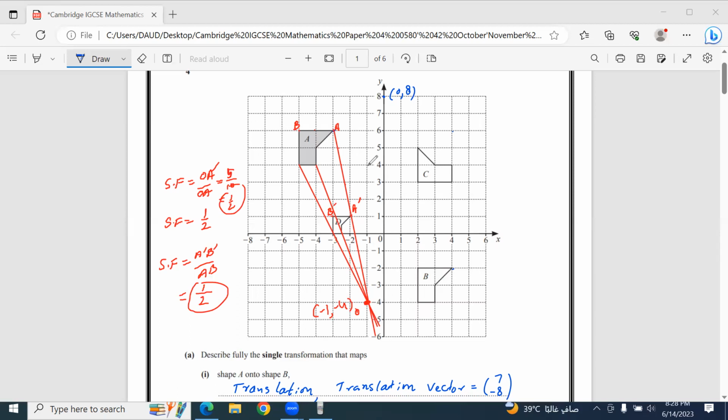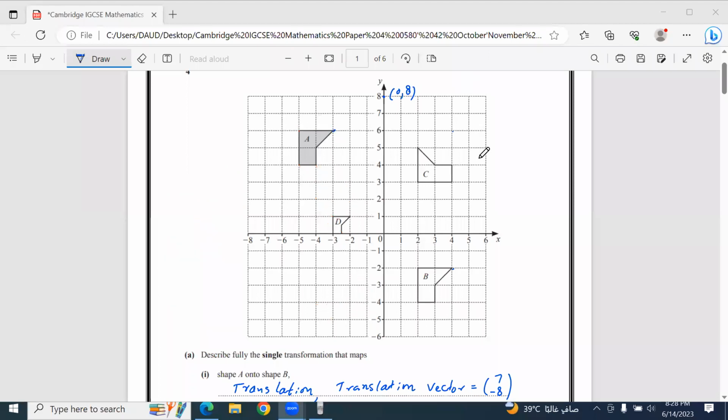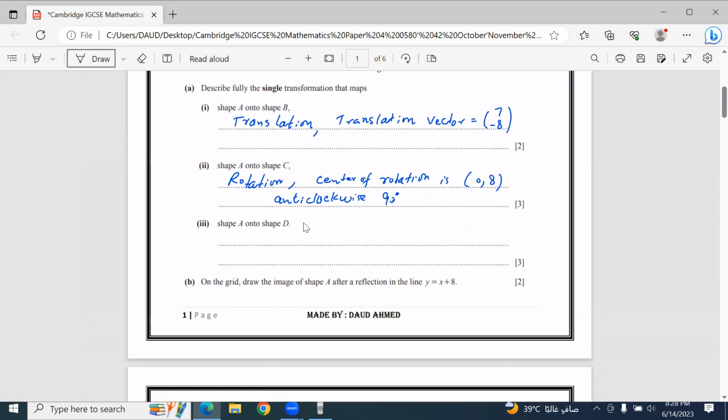by clearing my drawing. We can say that here it's an enlargement. Shape A to shape D is what?